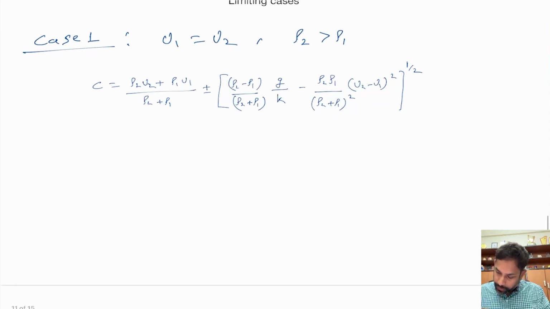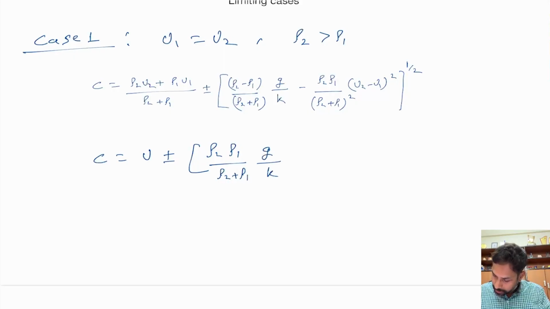Okay, so if u1 is equal to u2, what we get is c equal to u plus minus the square root of (rho 2 minus rho 1) over (rho 2 plus rho 1) times g over k, right?